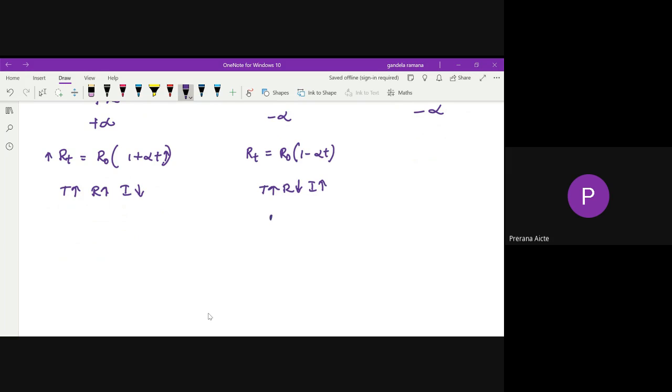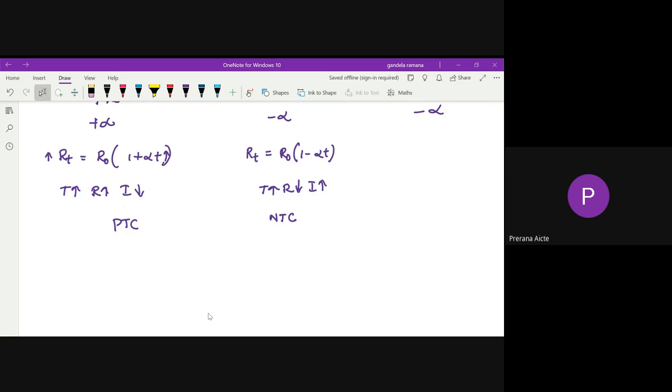So this is called negative temperature coefficient of resistance. In conductors, it is a positive temperature coefficient of resistance.